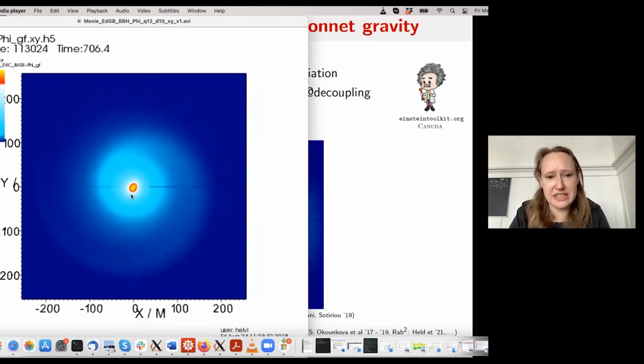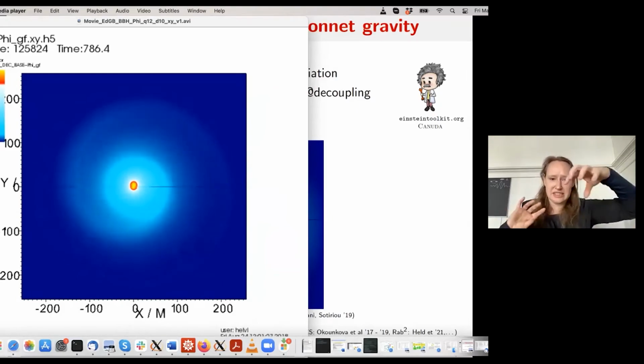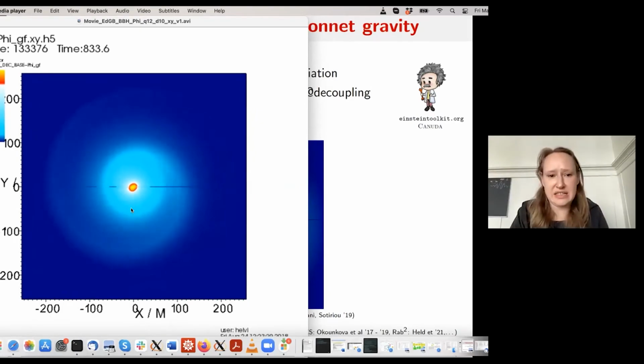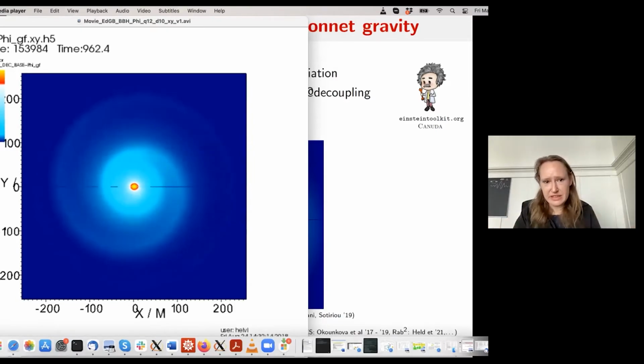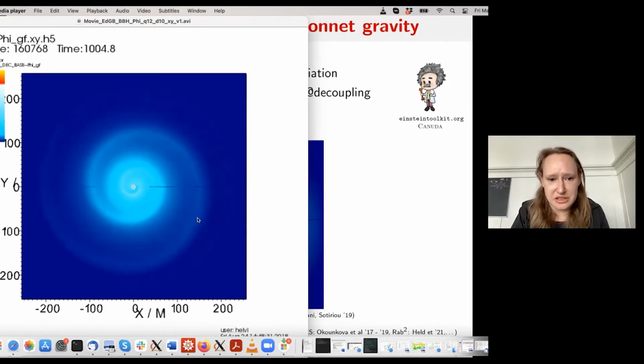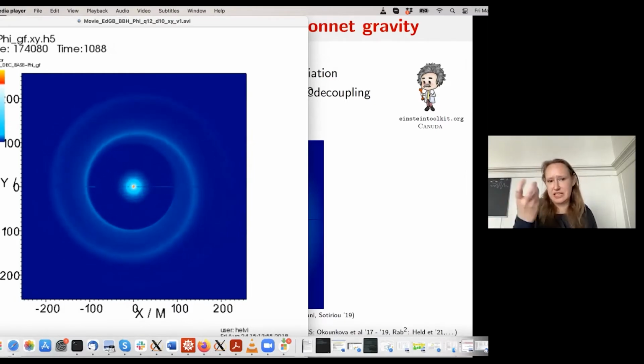And as you can see, as the black holes in the background are inspiraling, they drag the charges along with them, and we see the excitation of scalar dipole radiation. Now we're getting closer and closer to the merger. The black hole in the background merges, becomes a single rotating black hole.